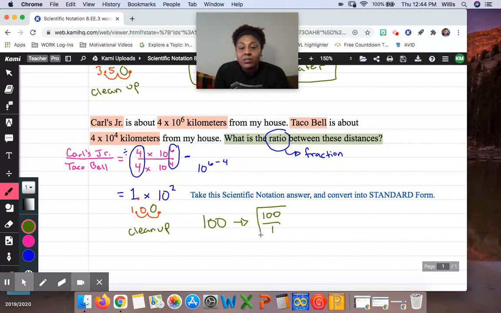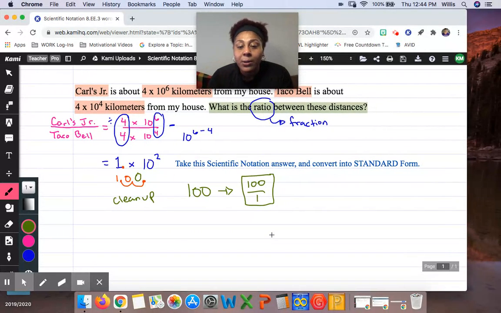So this type right here is like the ratio we always deal with. But remember, a ratio is written in 3 ways.